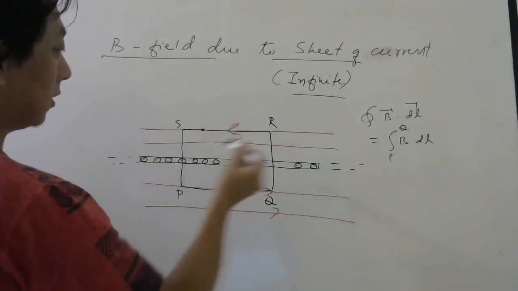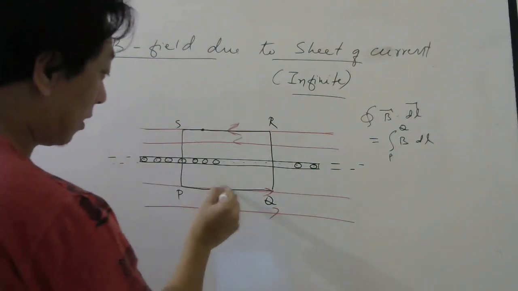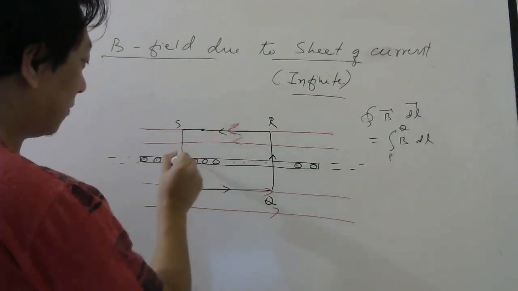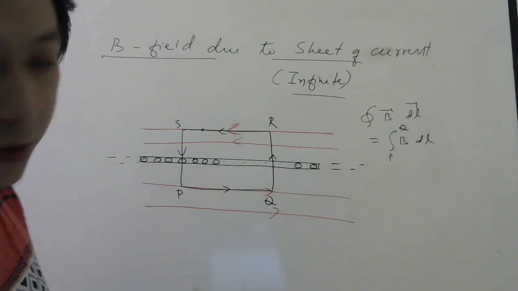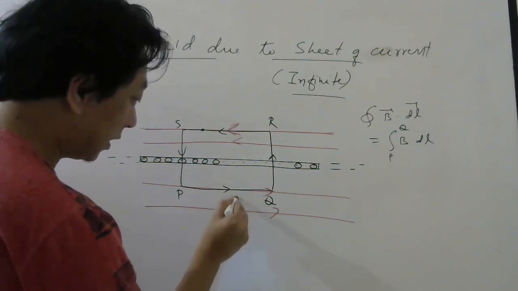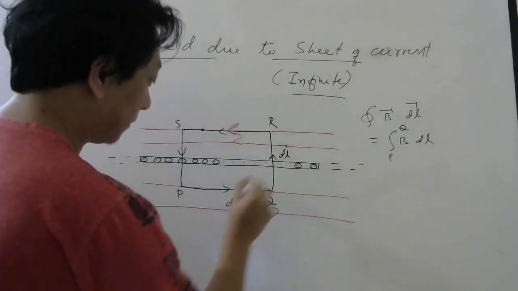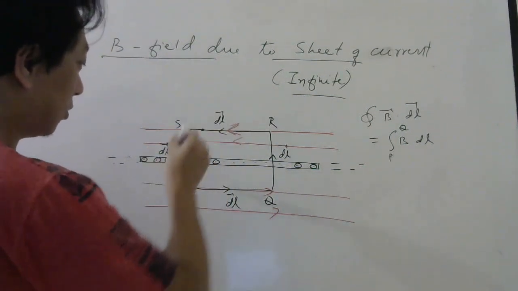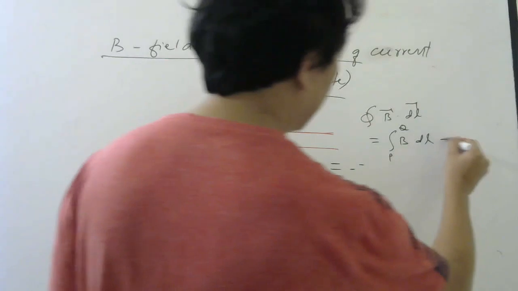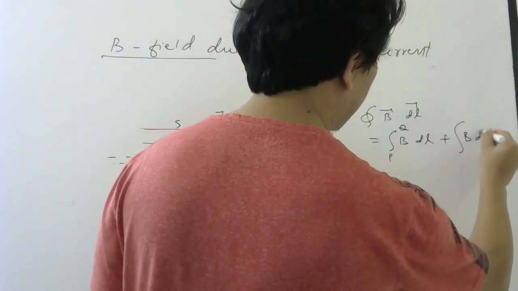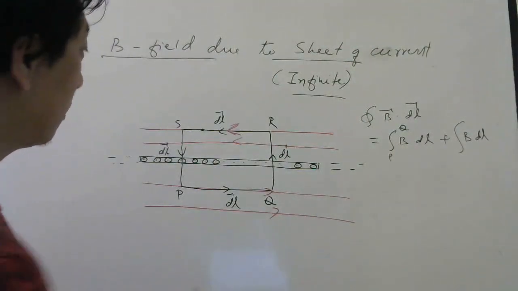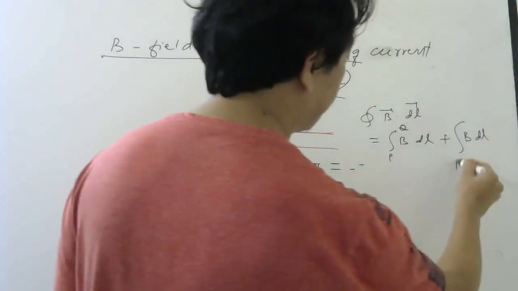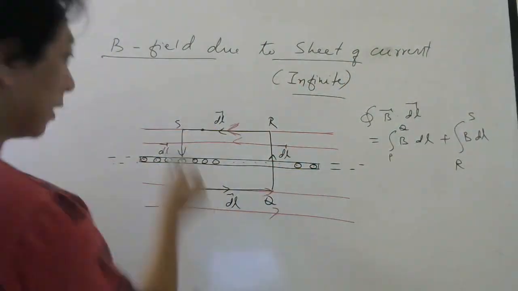From here to here, the magnetic field is this way, and I have to move this way in the loop. Whichever way you move is your wish; these arrows are basically your dl vector. Understood or not? So here I will get another B dl, cos 0 will be 1, from R to S. And here again it will be 0.